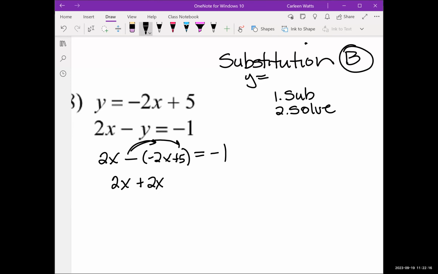Now I'm distributing the outside negative. Is that going to be plus 5 or minus 5? When this goes in, this becomes minus 5. You with me?